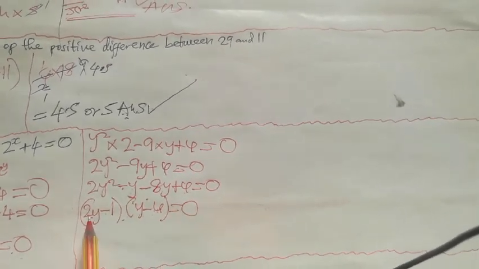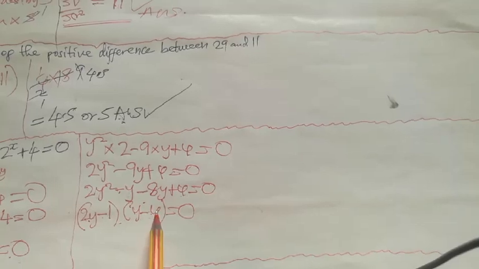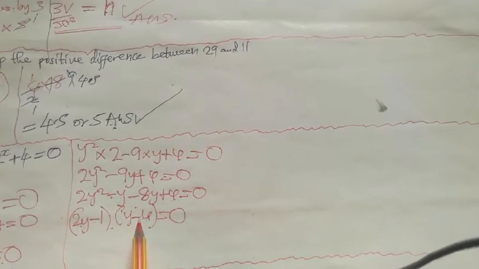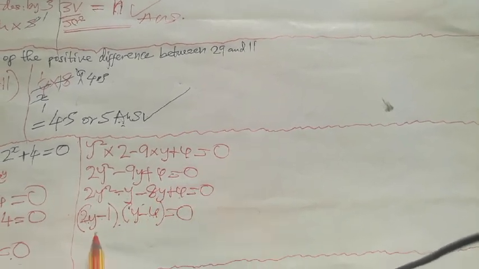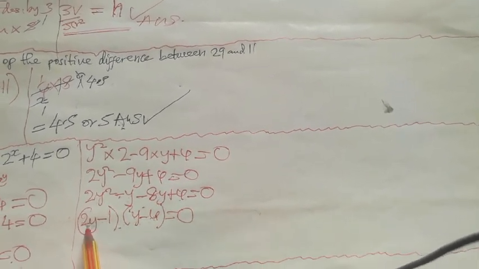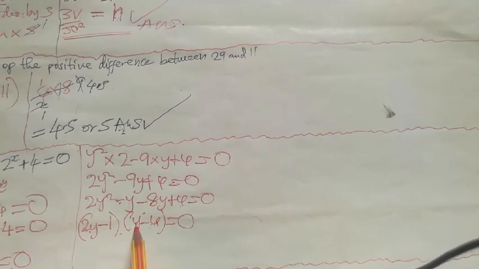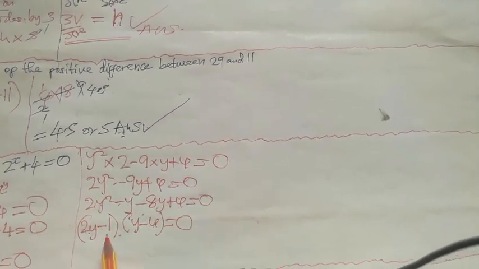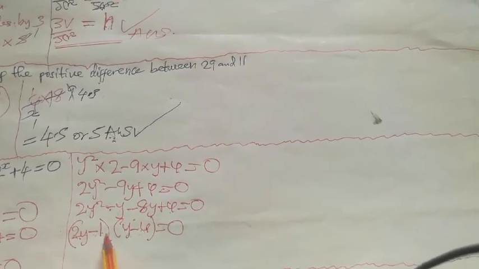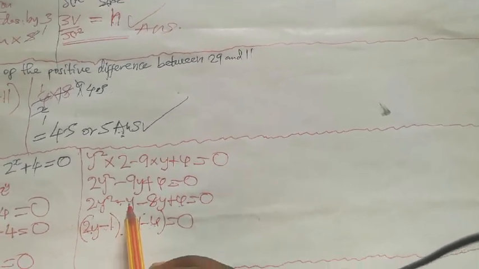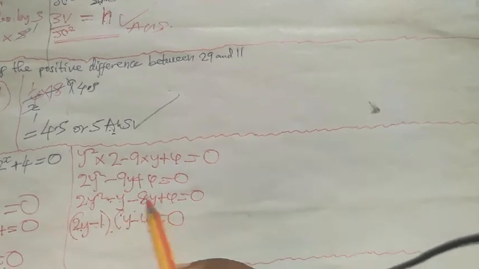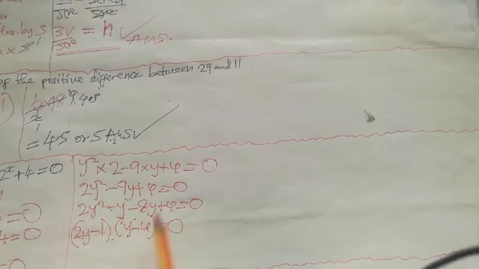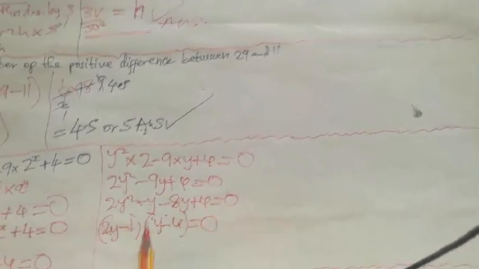If you multiply 2y by negative 4, we get negative 8y. If you multiply 2y by y, you get 2y squared. If you multiply negative 1 times y, you get negative y. And when you multiply negative 1 times negative 4, you get positive 4, which is equivalent to the upper quadratic.